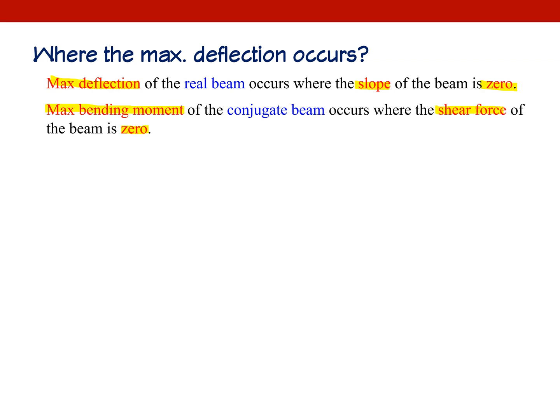Where the maximum bending moment is, is so critical to an engineer. And where is it? We are going to look for where shear force is 0, because the maximum bending moment location is very hard to locate. So instead we are going to look for the zero shear location. Then at the same spot, the maximum bending moment will occur.